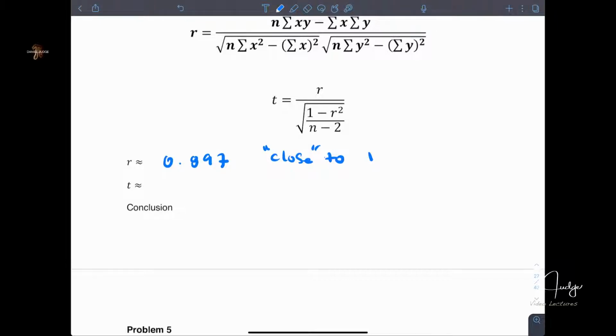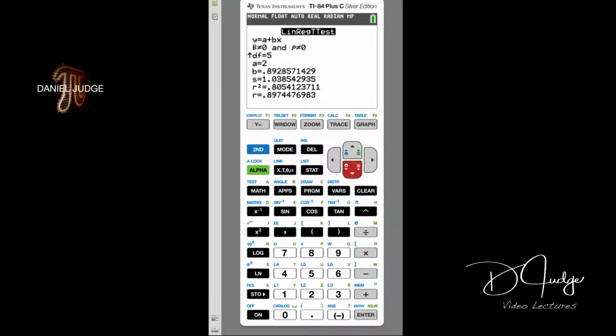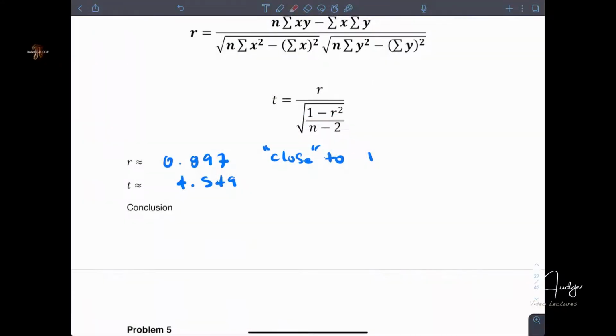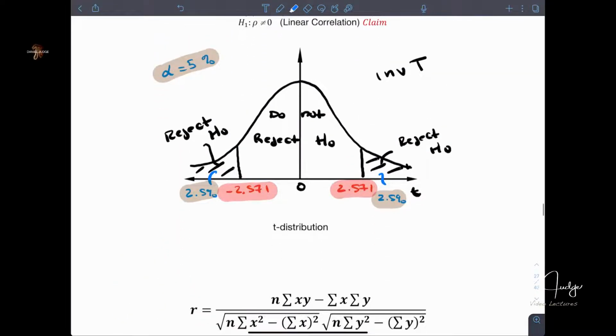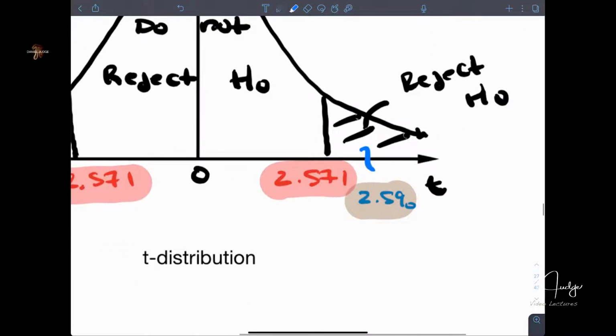Now you look at the t value. Let's check to see what we can conclude, right? So t here is approximately, go out to the thousandths, positive 4.549. So this here is our test statistic value. We have to see where it lives in the decision rule. 4.549, so that is actually larger than the critical value.